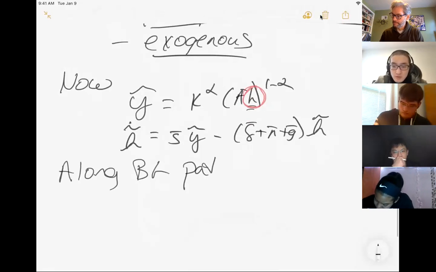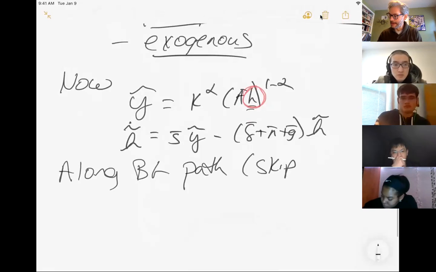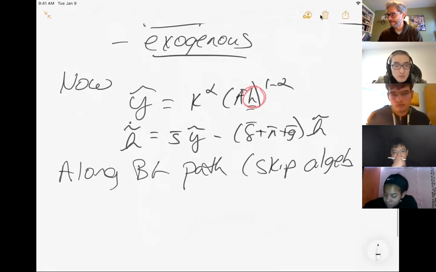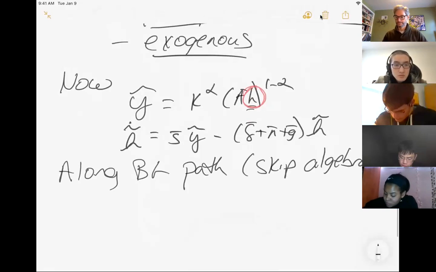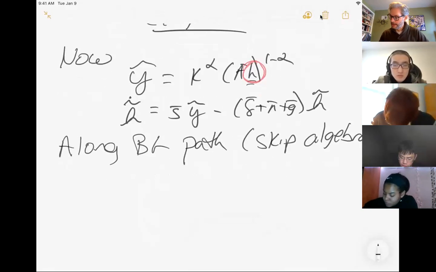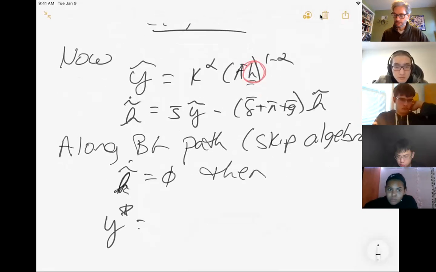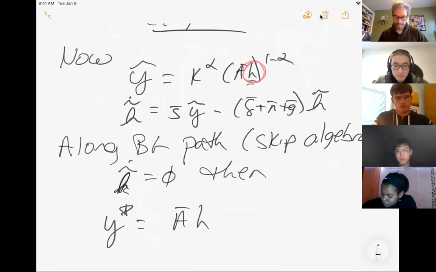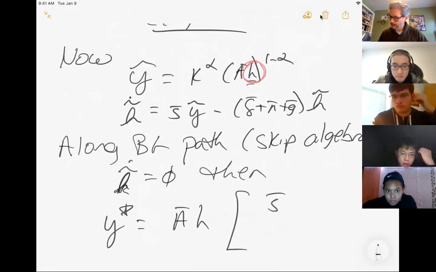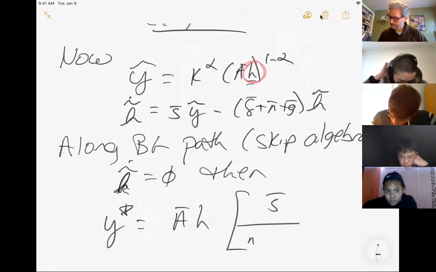So along the balanced growth path, and here I'm going to skip some algebra, what you can show is that when k tilde dot is equal to 0, then with a little bit of work, you can show what the balanced growth path level of per capita output is.